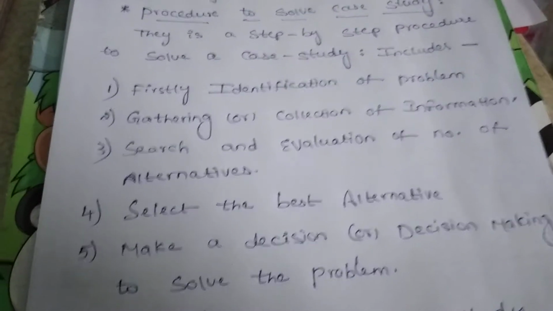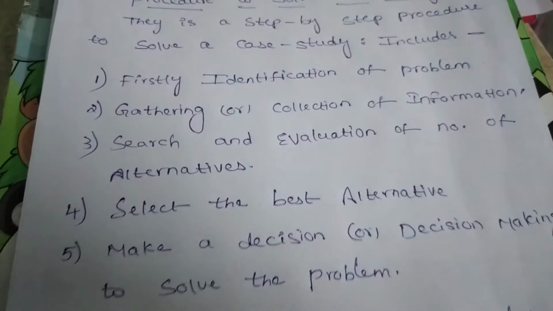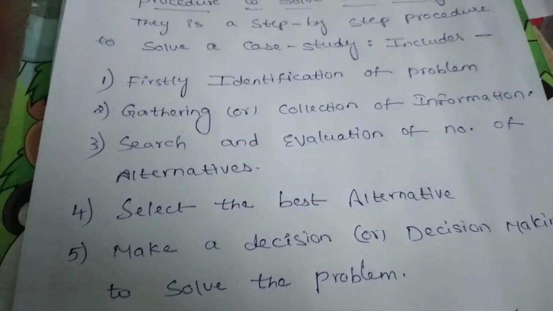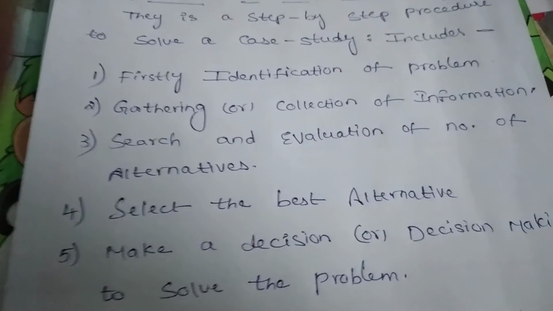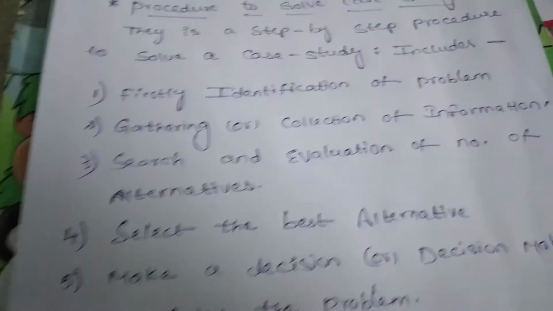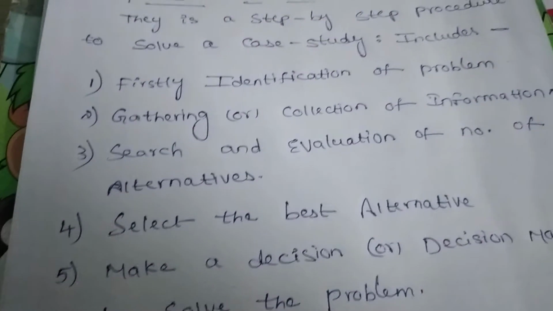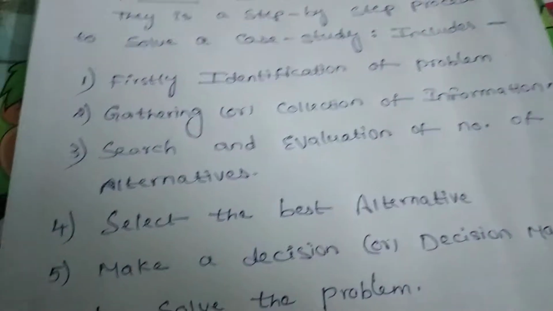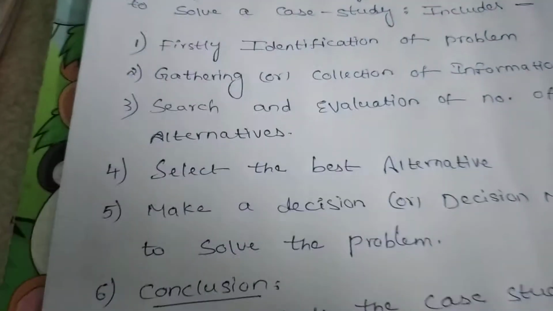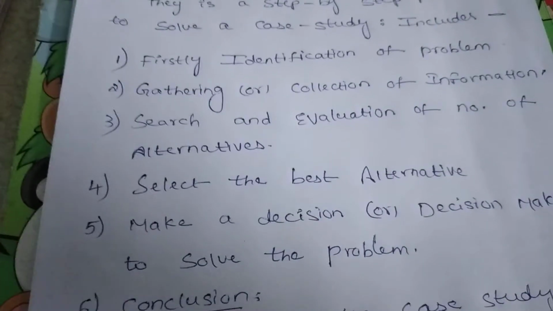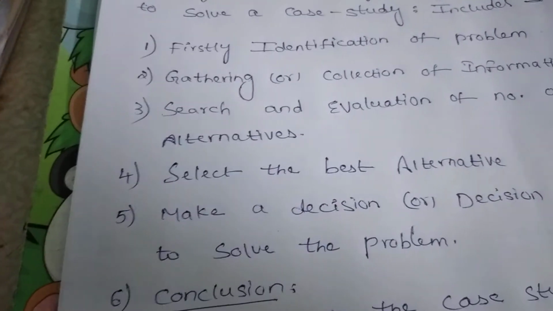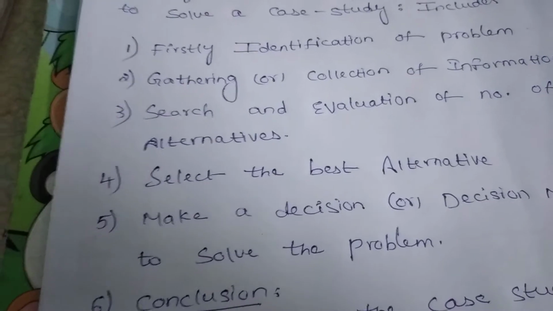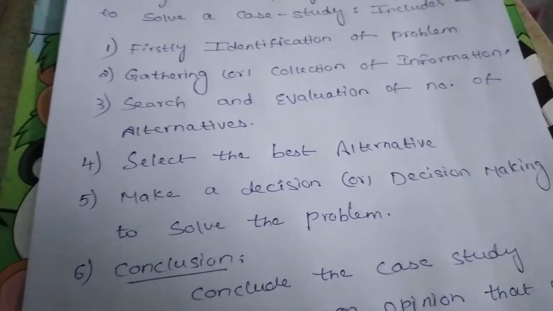After searching and evaluating the number of alternatives, we should select the best alternative. From the above information and choices, we have to select the best alternative for our problem. The selection of the best alternative from many alternatives is known as decision making.